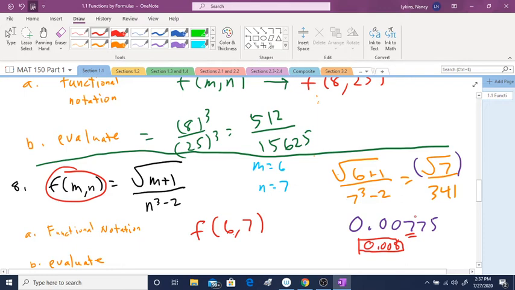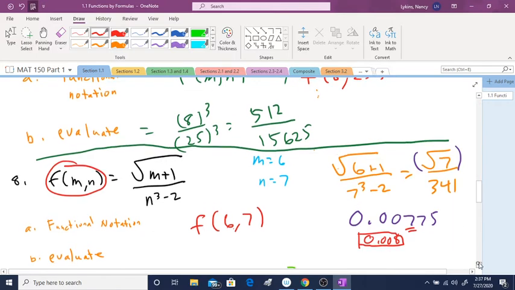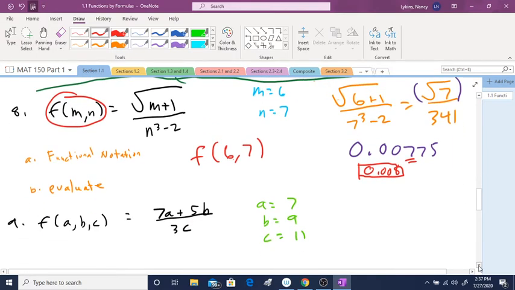Okay, I've got a few more examples and I'm finished with the first lesson. Okay, let's see. Okay, what about if I have 7a plus 5b over 3c?